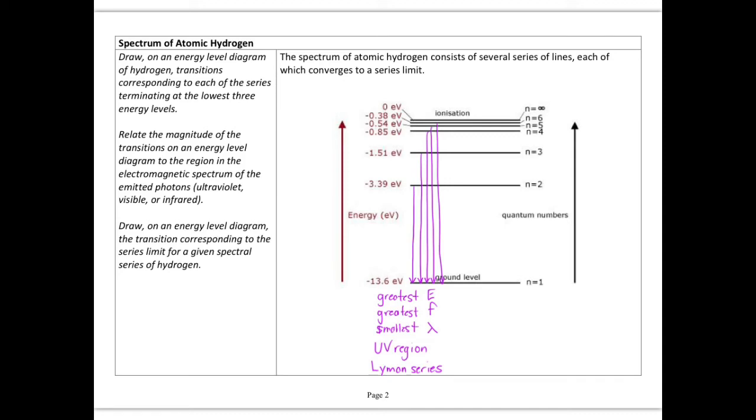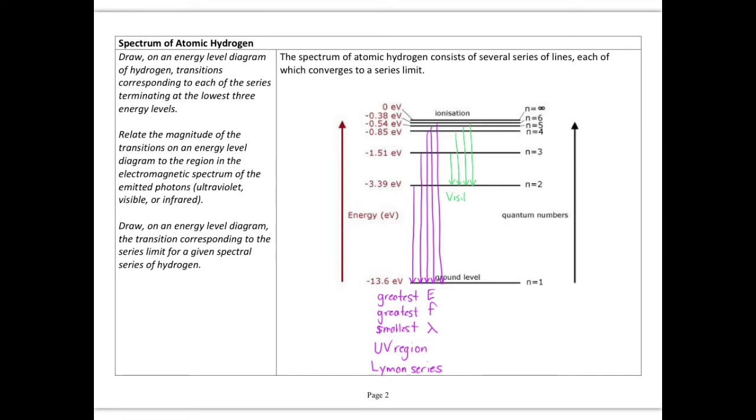Then the next series that we see all finish in the n equals 2 level, so that, if you like, is the first excited state above the ground state. And they all correspond to the atom going from those energy levels there. So all of these are the ones that we can actually see. So these are in the visible.